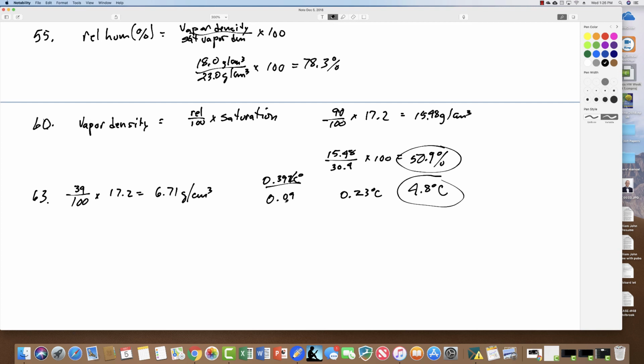Then the value at 5 degrees is 6.8, so when you subtract, the difference is this. And if you divide this number into this number, it tells you how much below 5 degrees you have to go, which is this.